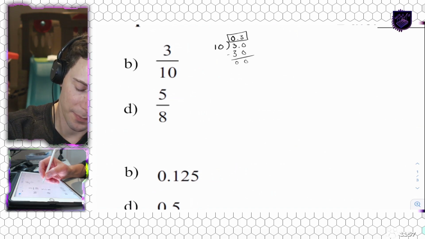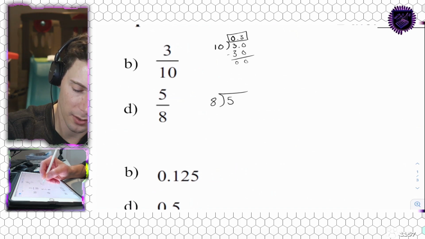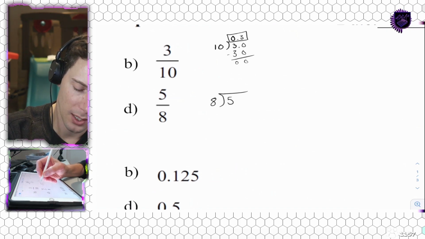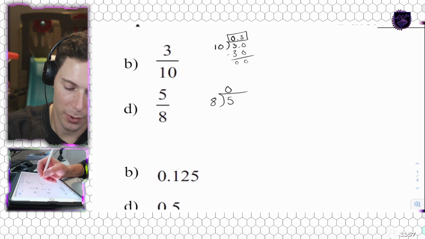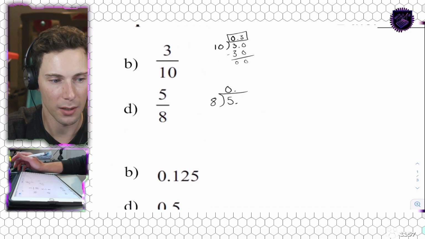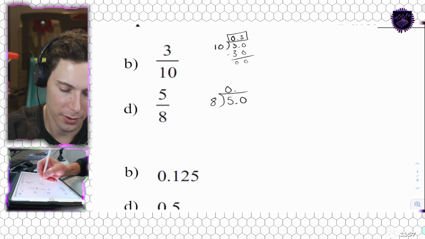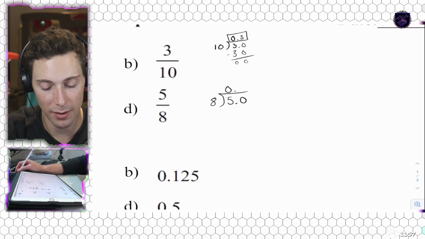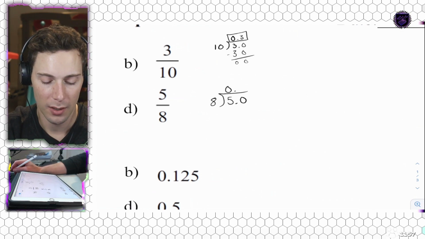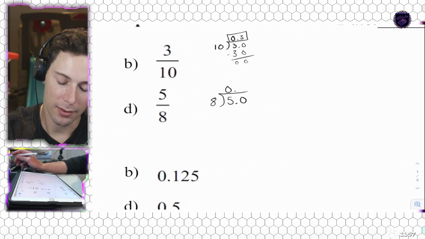Well, let's do it anyway. 5 divided by 8. Now, 8 and 5, that will not work. So we're going to need to use a decimal here. We'll write our 0, 8, and 50. Now that does work. 8 goes into 50 how many times? 48.